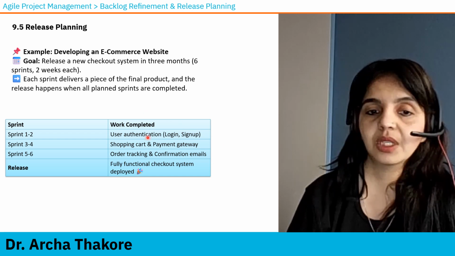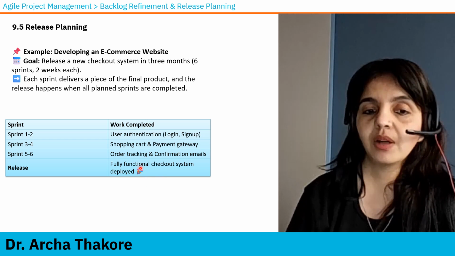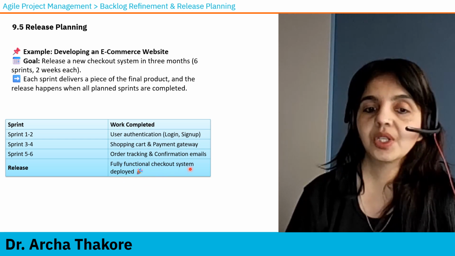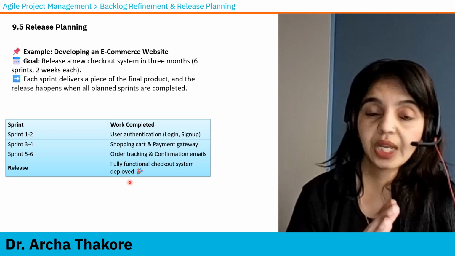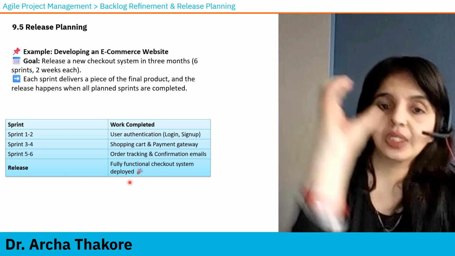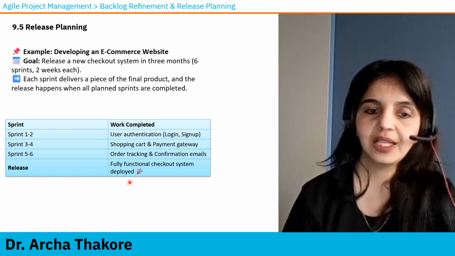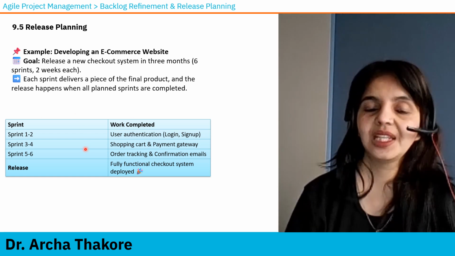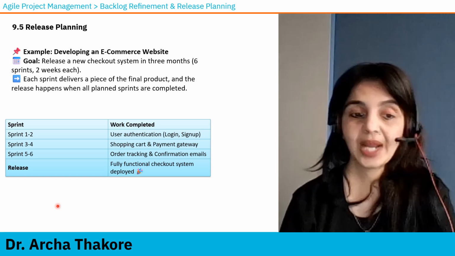All of these features are your product increment. Now all of this put together makes your release. So a fully functional checkout system is released. The larger project is to make the website, but the checkout process is one of the epics or features which is released as a result of these sprints. Okay, so this was your release planning.